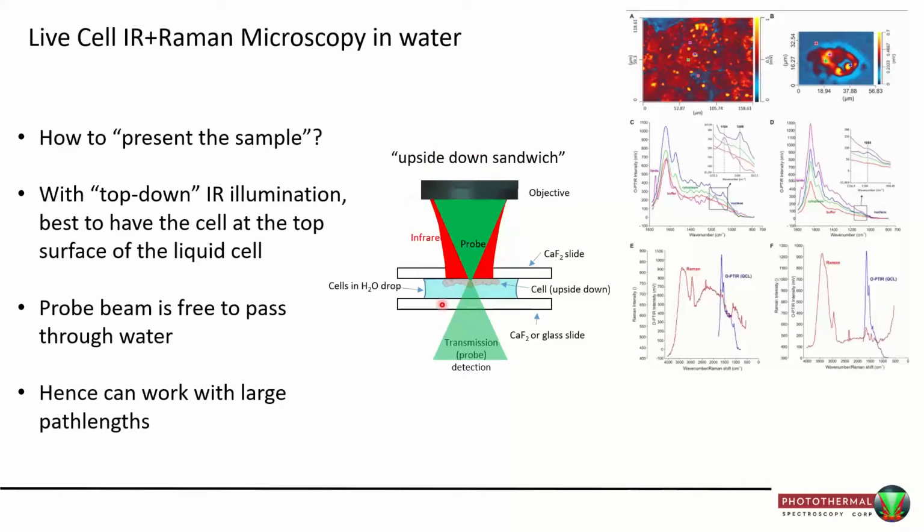And they were able to show clear organelle features of live, hydrated cells, and they compared that with fixed cells too, using both infrared and Raman, and also infrared with the OPO laser.